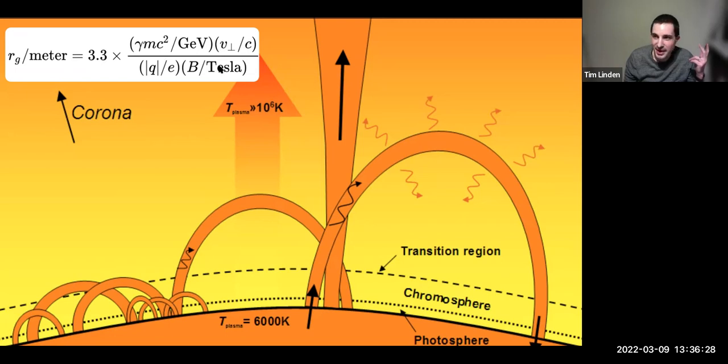And so for magnetic fields in the 100 Gauss range, which is, I think, kind of high end already for the sun, these are very long path lengths. And so keeping things trapped in this for a long time is difficult.